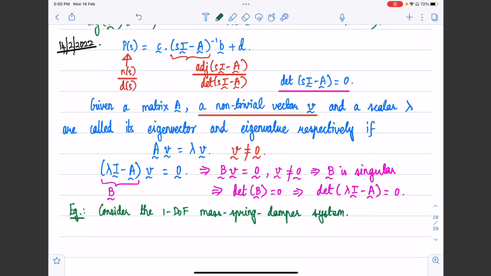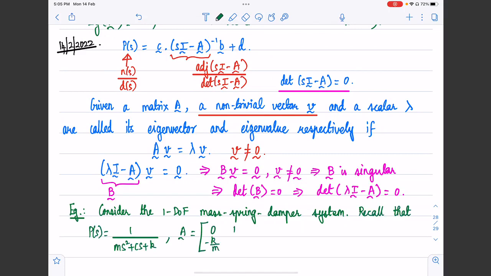For this system, recall that the plant transfer function P of s is 1 divided by (m s squared plus c s plus k). The state matrix A was [0, 1; minus k by m, minus c by m]. I'm just writing down things which we are already familiar with.